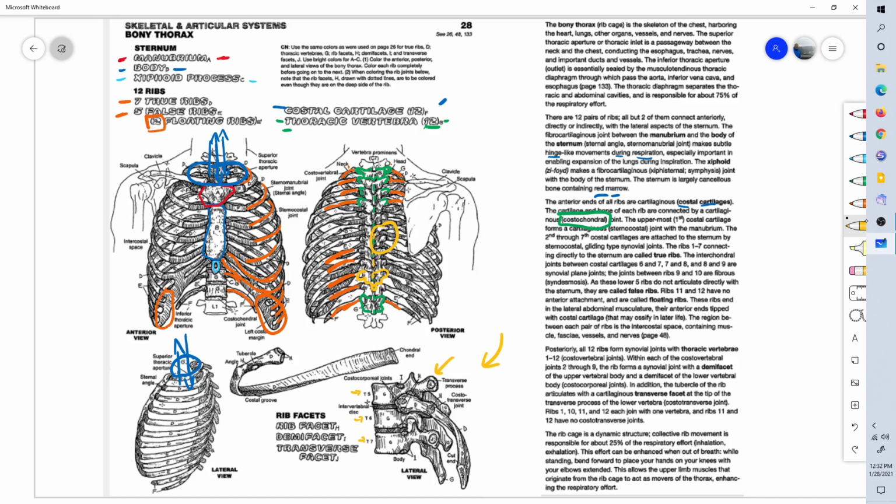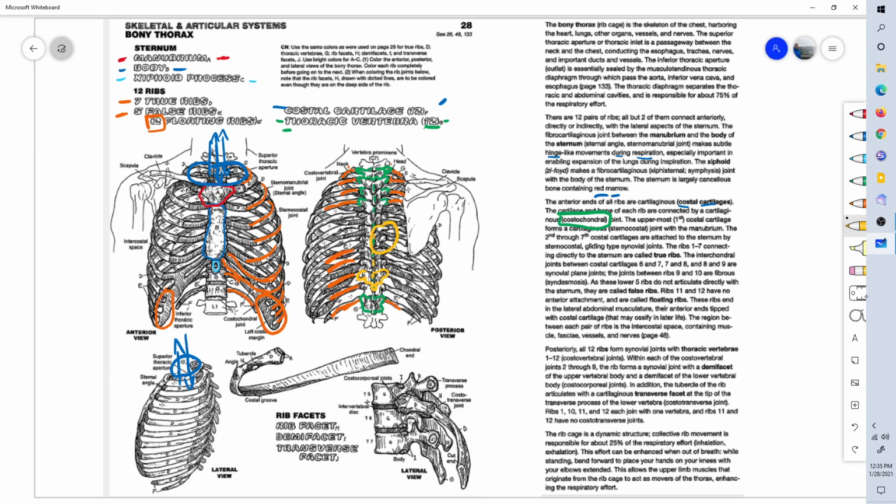Well, each rib connects in 2 different places. It has 2 different joints in the way it connects to the vertebra. So each rib, if you'll notice here, attaches to the vertebrae at actually 3 different places.